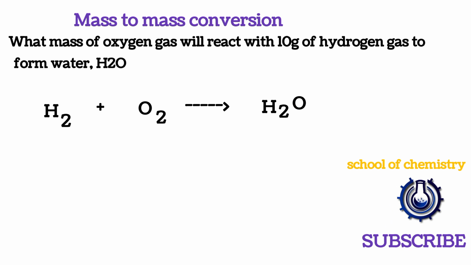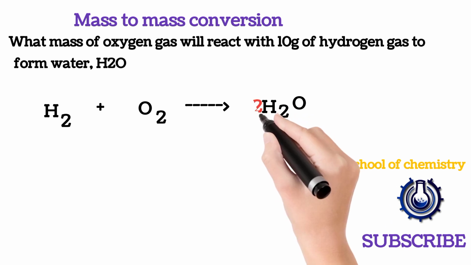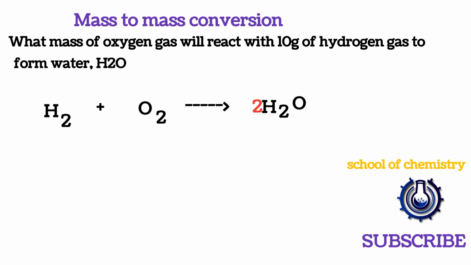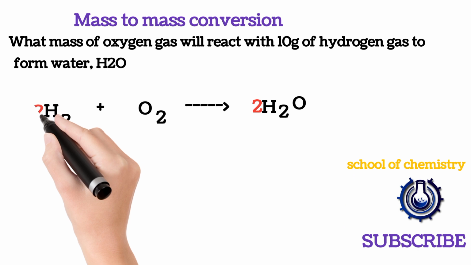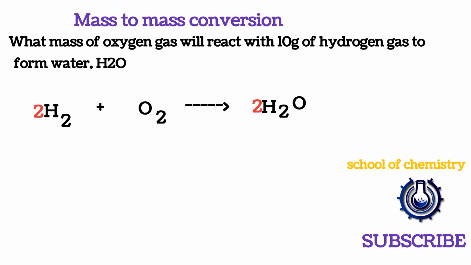So we'll balance this equation as usual. Balance the number of oxygen atoms and hydrogen atoms by writing 2 in front of H2O. The oxygen is balanced. I'll have to balance the hydrogen. I'll write 2 in front of hydrogen. So on the left we have 4 atoms of hydrogen, on the right 4 atoms. We have 2 atoms of oxygen on the left and on the right 2 atoms, and the equation is said to be balanced.